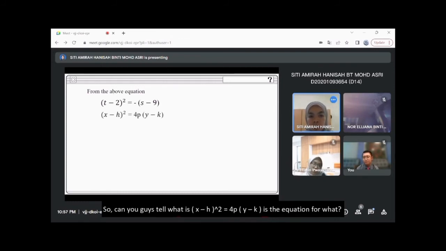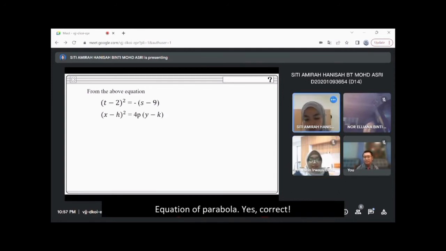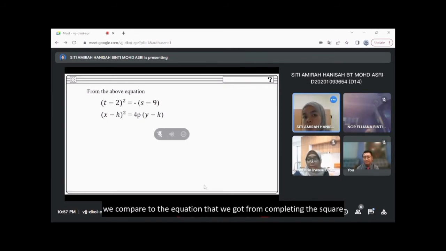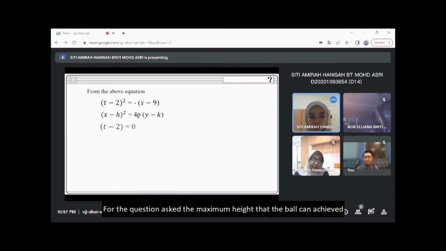Can you guys tell what x minus h squared equal to 4p, y minus k, is the equation for? Equation of parabola. Yes, correct. So from the equation of the parabola, we compare to the equation that we got from completing the square.